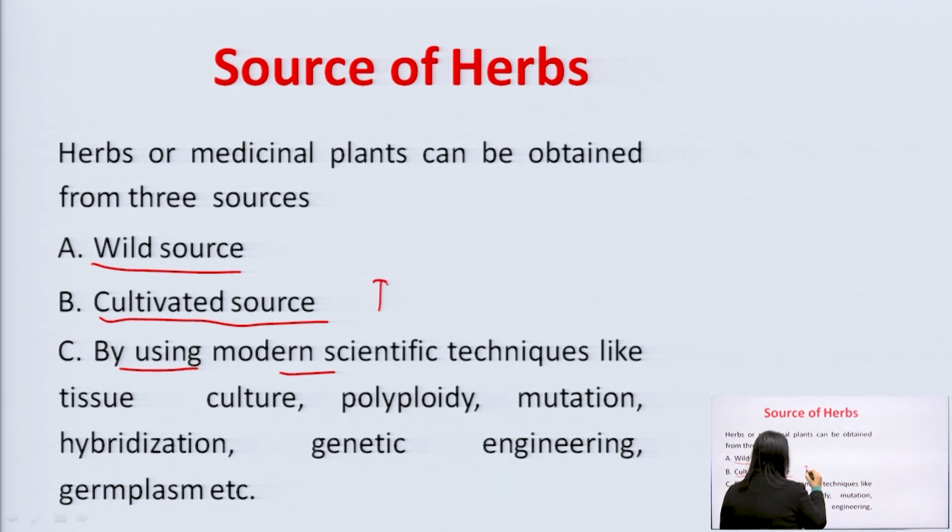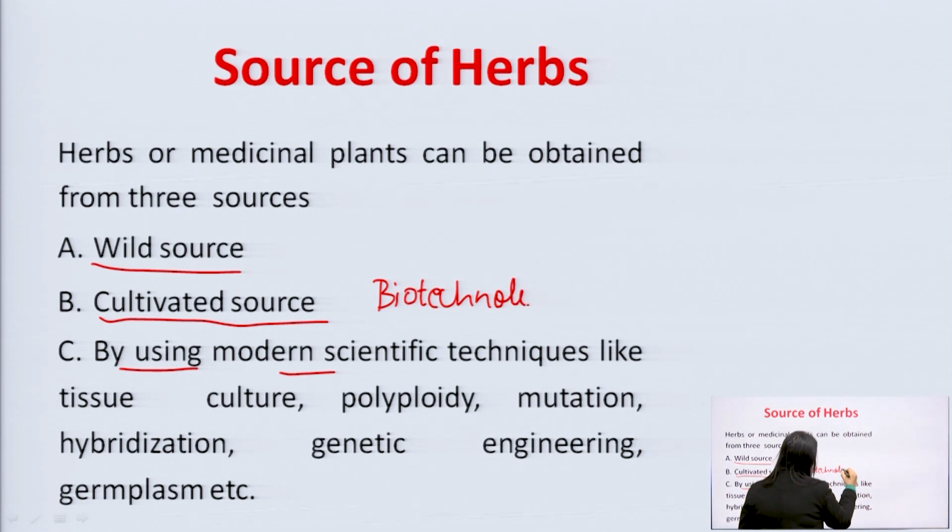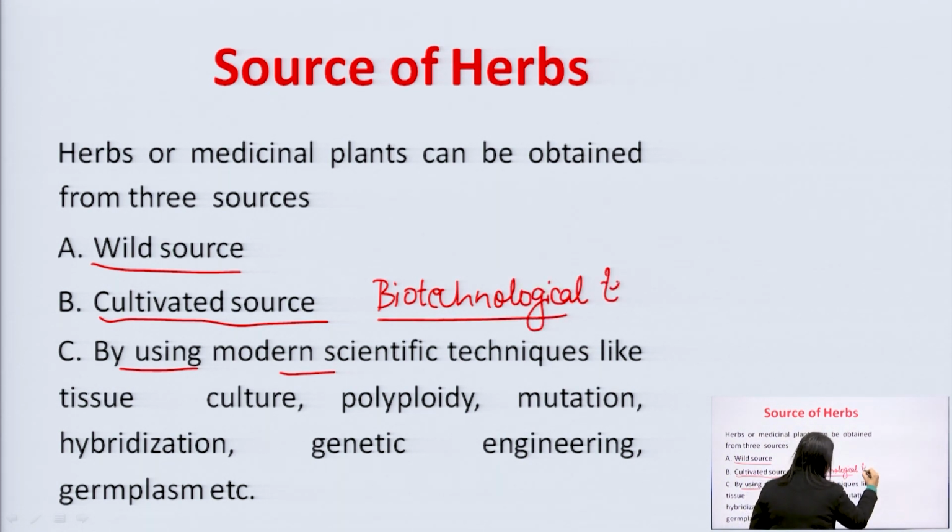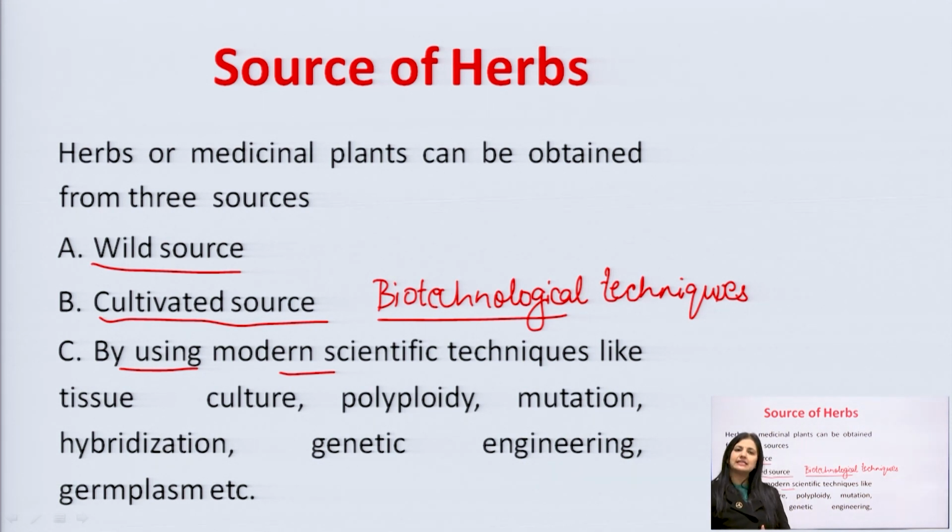So these are basically the biotechnological techniques by which we are enhancing the yield of the plant or increasing any of the constituent of that plant. So these are the three sources of herb: wild sources, cultivated sources and the modern scientific biotechnological sources.